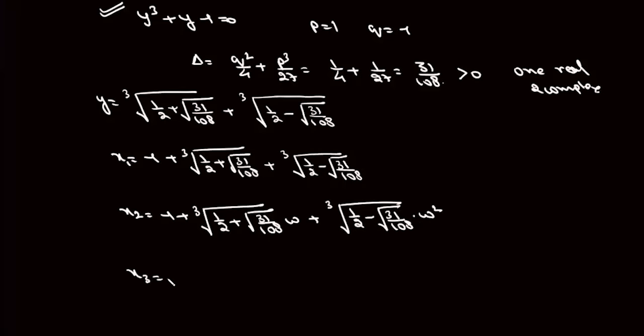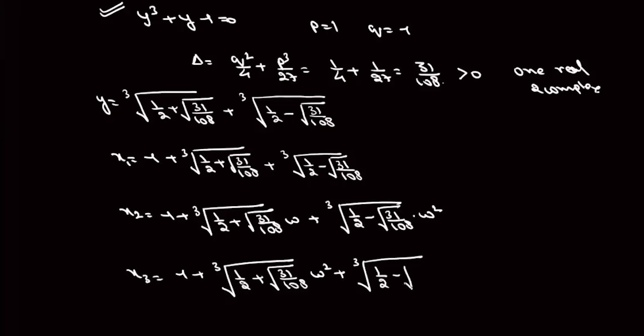And the third root will be minus 1 plus cube root of 1 by 2 plus under root of 31 by 108 times omega square, plus cube root of 1 by 2 minus root 31 by 108 times omega. So this equation has one real root and two imaginary roots.